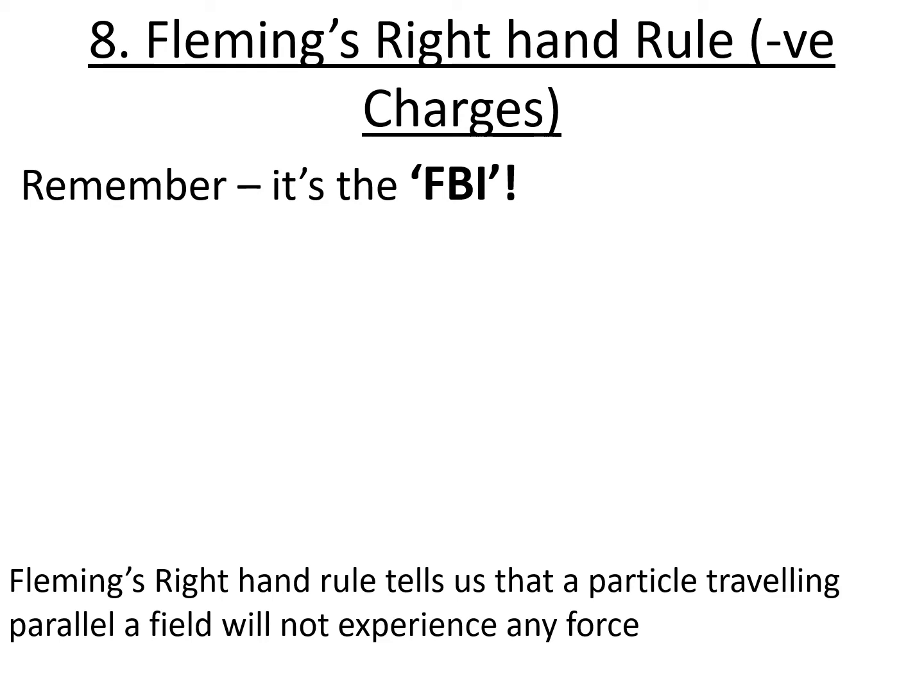You can either use your right hand but flip your answer the other way, because negatives and positives are opposite of each other. For example, if you use your right hand for a positive charge and you find the force is going up the page, then because it's a positive charge, you've got to flip your answer around and it's actually going down the page.